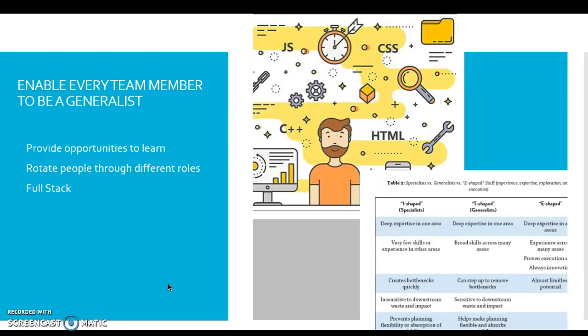We can see here some differences: the I-shaped, the specialist, the T-shaped, and the E-shaped. There is a lot of potential in these generalists.